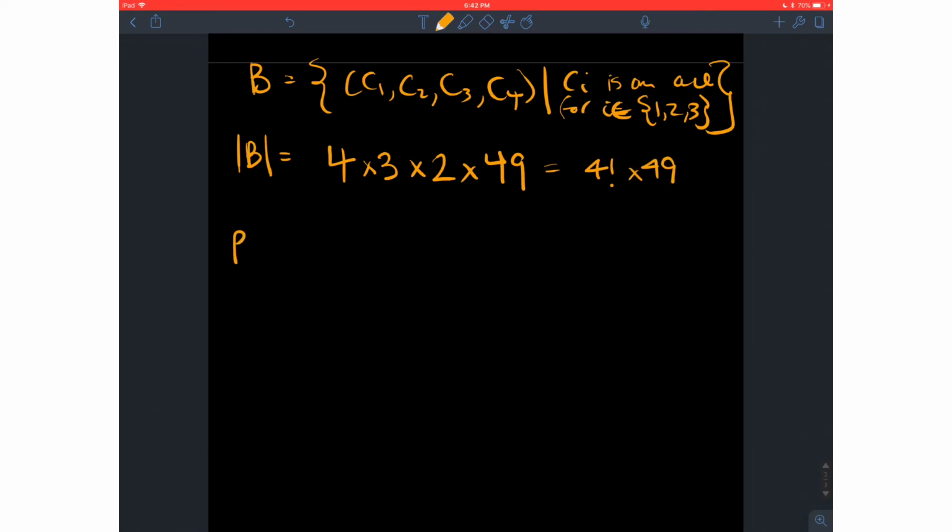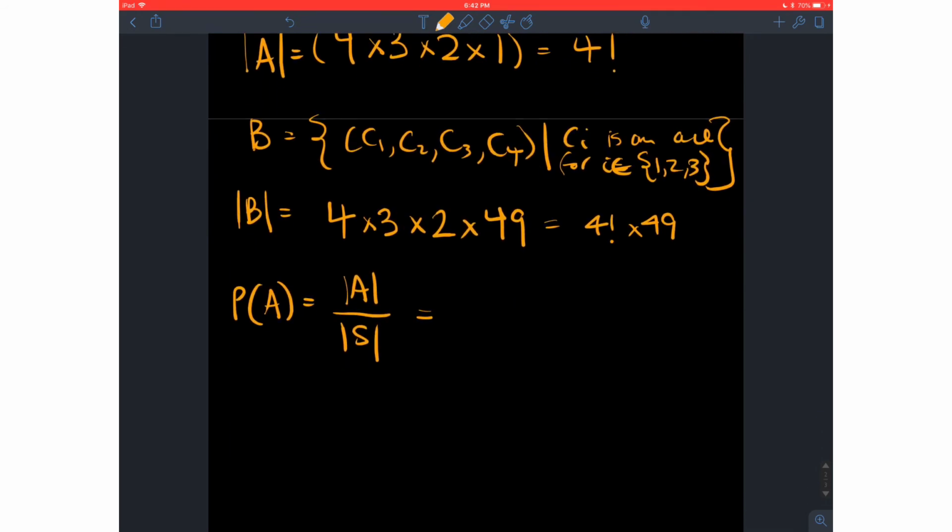And so we can go back and say that our probability of A is equal to the cardinality of A divided by the cardinality of S. And the cardinality of A is 4 factorial divided by, and here I'm just going to use that notation, P52 4.